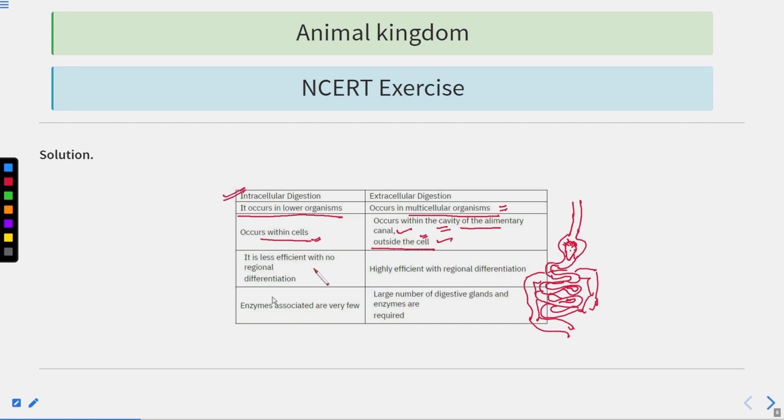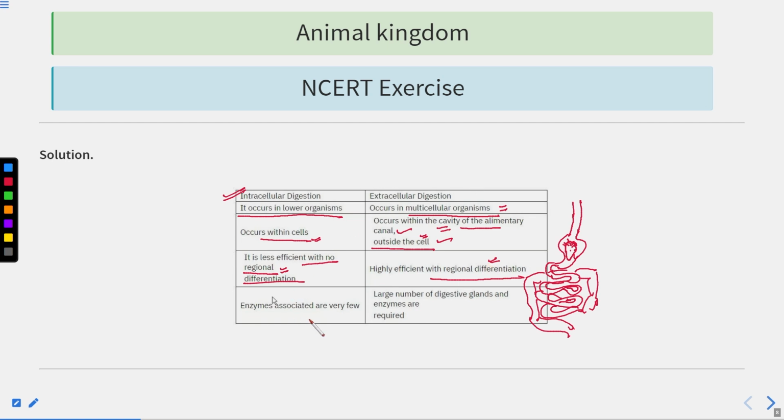Okay, so intracellular digestion is less efficient with no regional differentiation, right? And extracellular is highly efficient with regional differentiation, because in the stomach a particular type of food digestion occurs, and in the small intestine a particular type of food digestion occurs. So every part has its own function in respect of digestion.